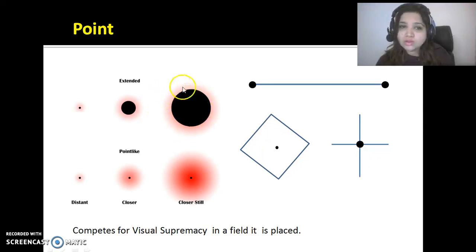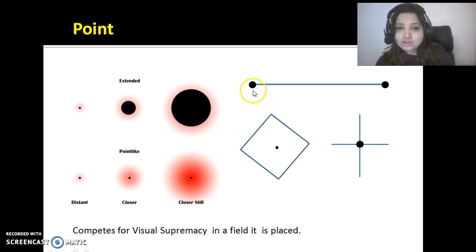This one is very impactful and dominating. Here, the size of the point remains constant, but this is at a distance from us, this is a little closer to us, and this is really close to us. Now, without the change of size, how is that visible to us? That is visible because of the field which it has created, the influence region which it has created for itself.